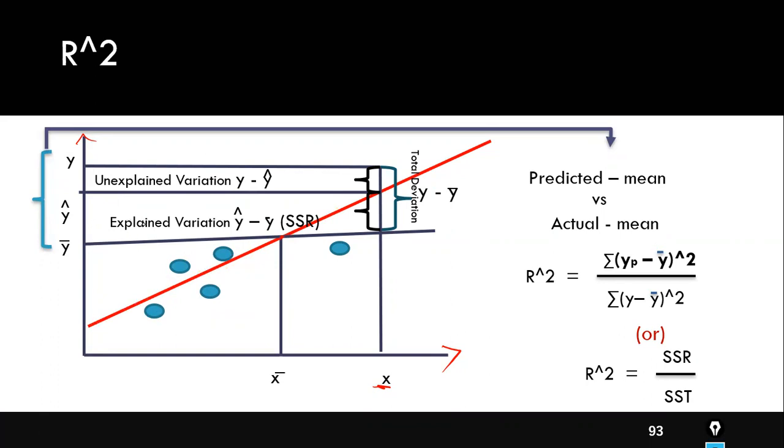Now this is my predicted value. Y hat is the predicted value, and this is my actual y value. The mean value is here and the actual value is here.